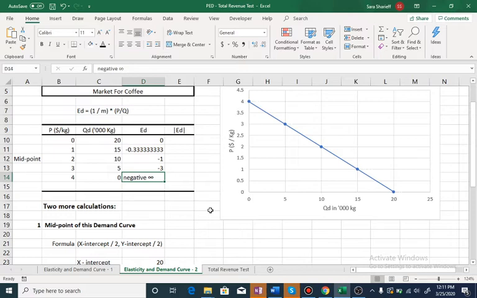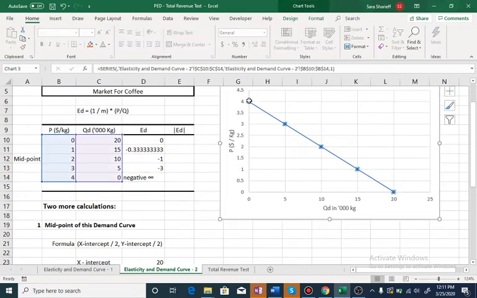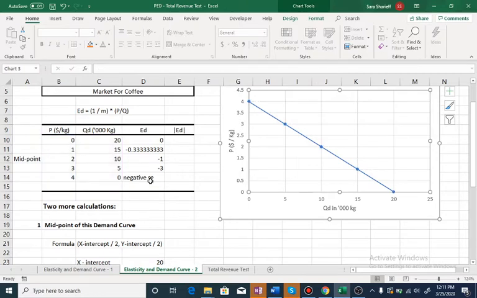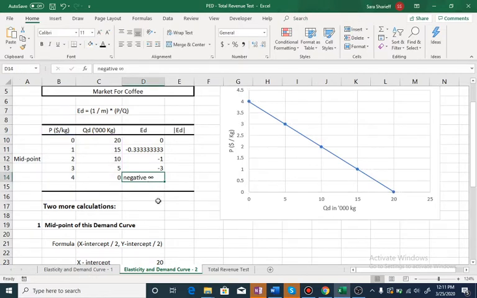When price is equal to 4, here your price elasticity of demand is equal to infinity. Why is that so? I want you to focus on the formula again. Q appears in the denominator, and in this case Q is 0. So whenever 0 appears in the denominator of a fraction, the answer is always equal to infinity.